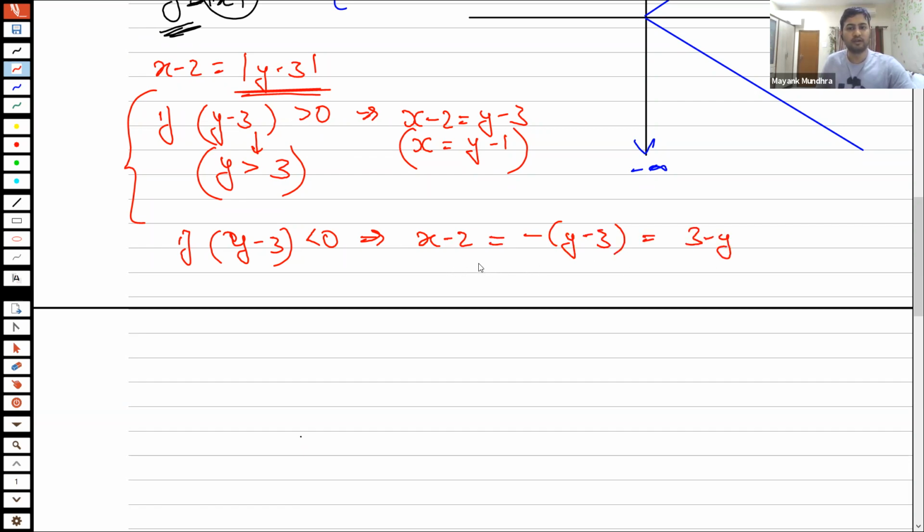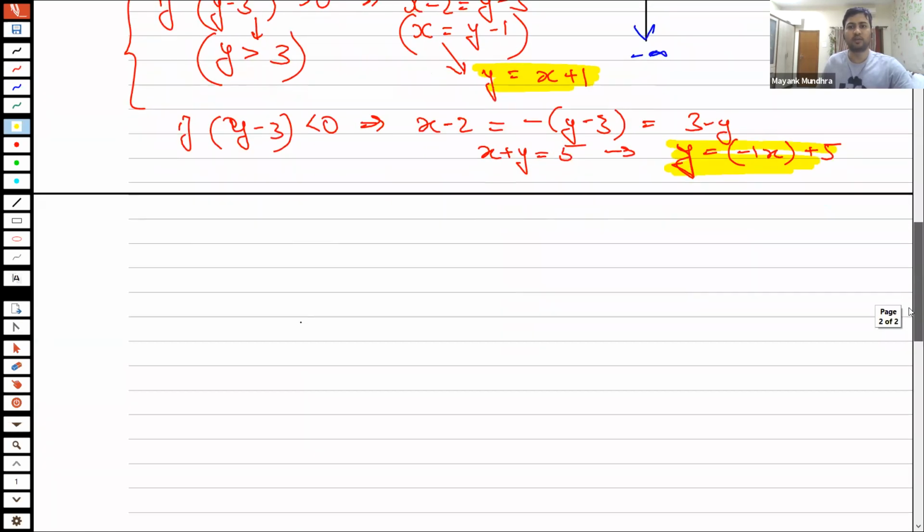So the curve becomes x plus y equals 5, or you can write this as y equals 5 minus x, or basically minus 1 times x plus 5. And this you can write as y equals x plus 1. So these are your two curves.